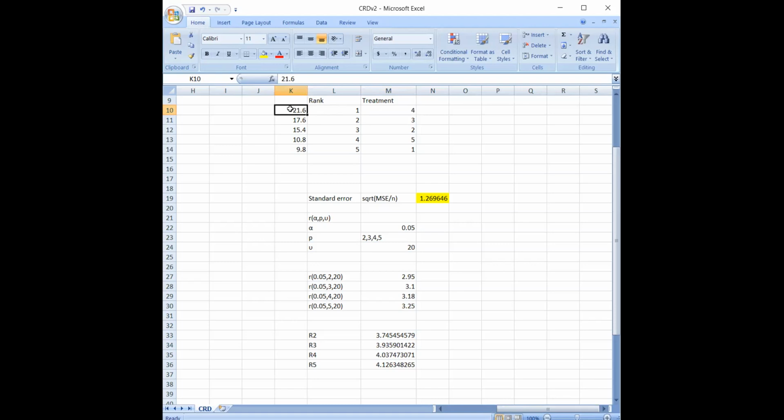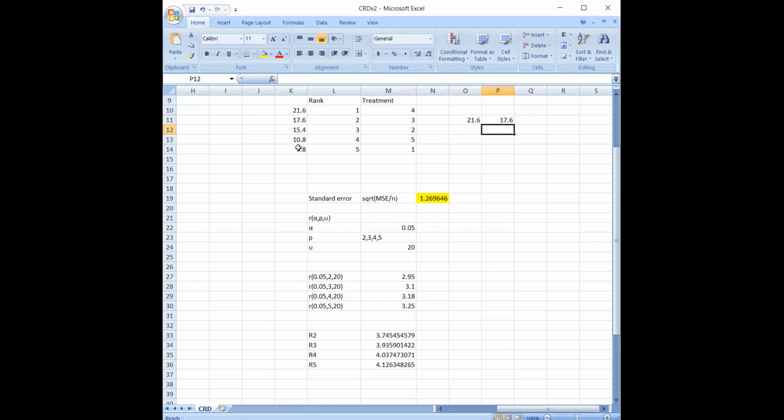In this case, when you take 21.6, that is the largest, all the other remaining mean values are less than 21.6. So you have to compare 21.6 with 17.6, and then 21.6 with 15.4, 21.6 with 10.8, likewise.